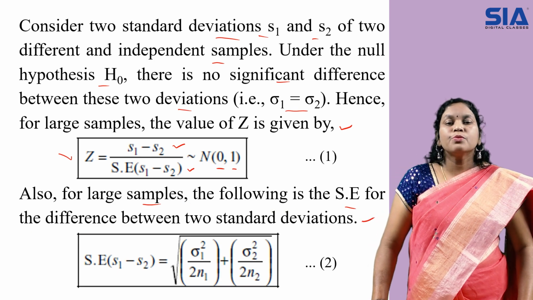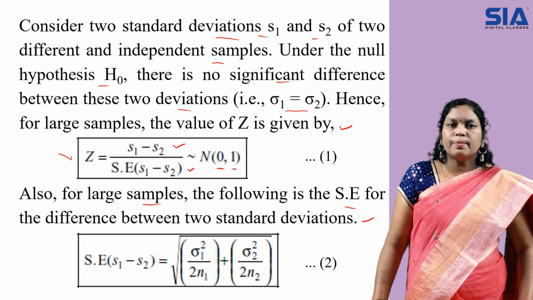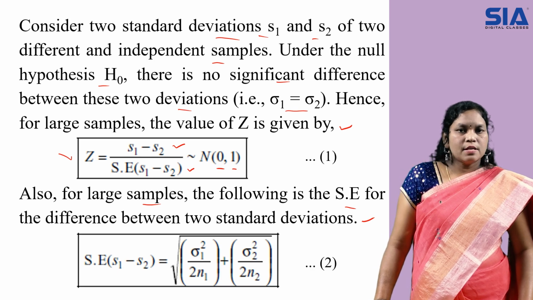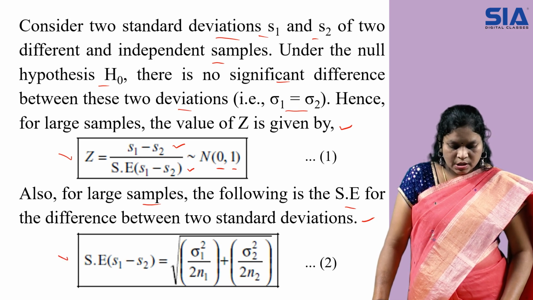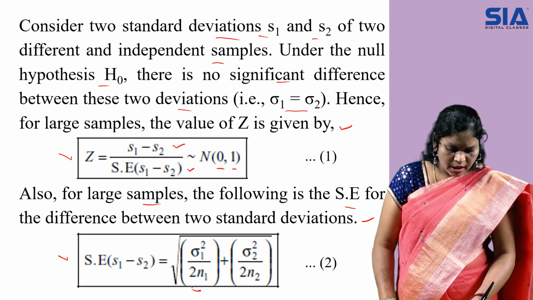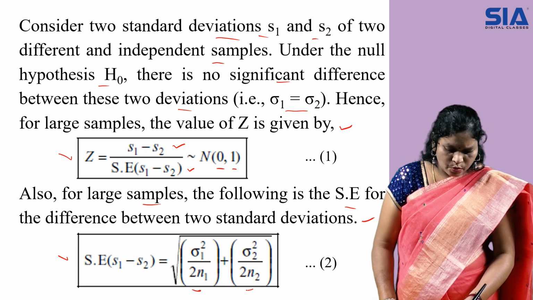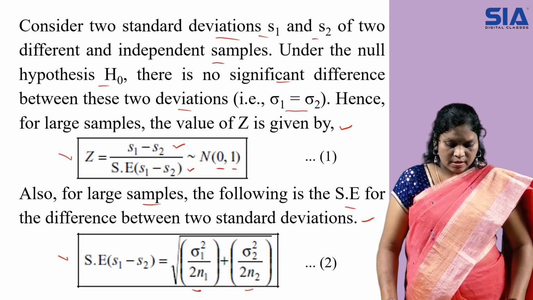We need to obtain the standard error so that we can substitute it in Z. So, standard error of S1 minus S2 is equal to root over sigma 1 square by 2n1 plus sigma 2 square by 2n2, because these are variances.